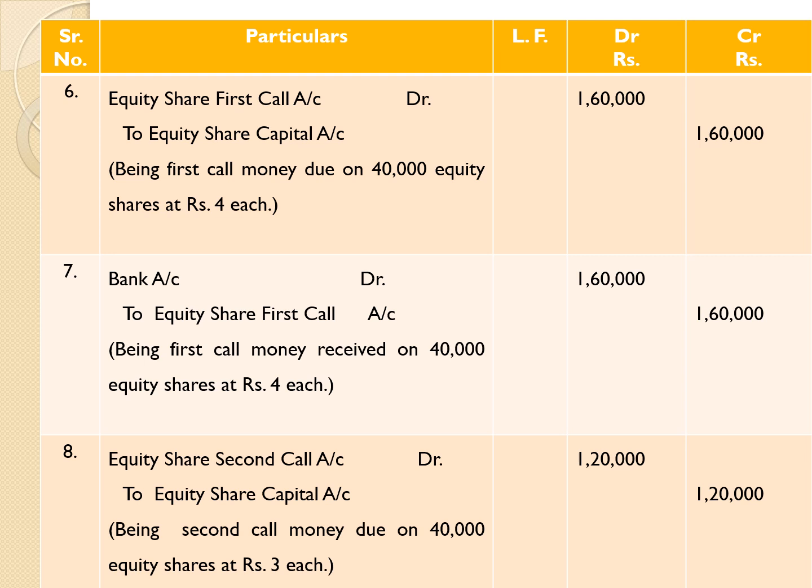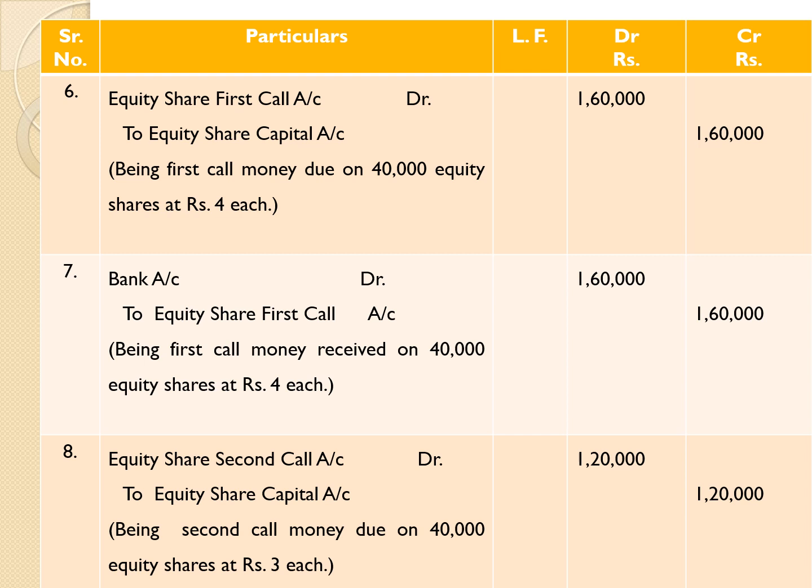Entry number 7. First call money received. Here all shareholders have paid first call. Therefore, the Vishal Company Limited has received first call money on 40,000 equity shares at rupees 4 each is equal to 1,60,000.